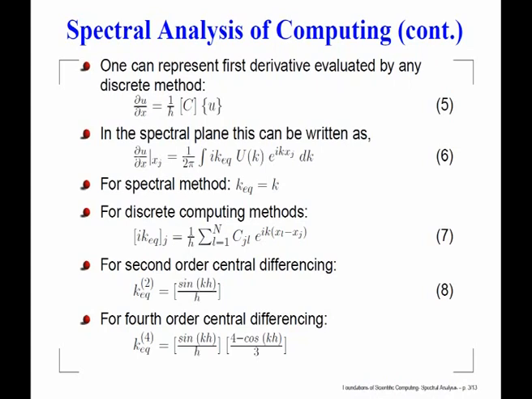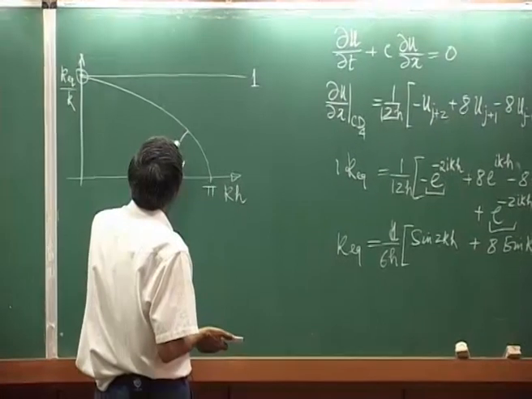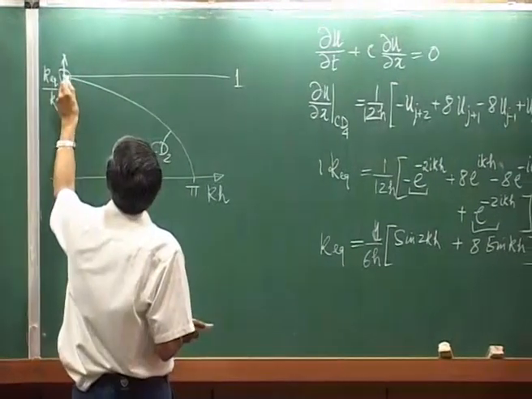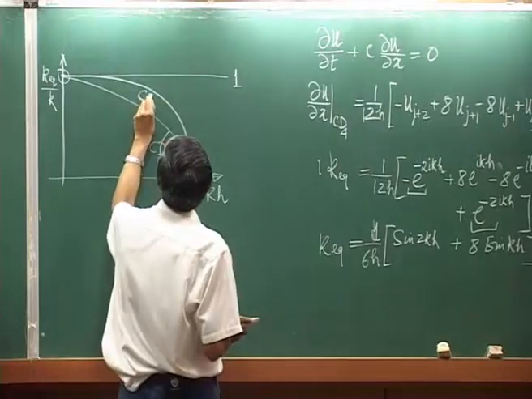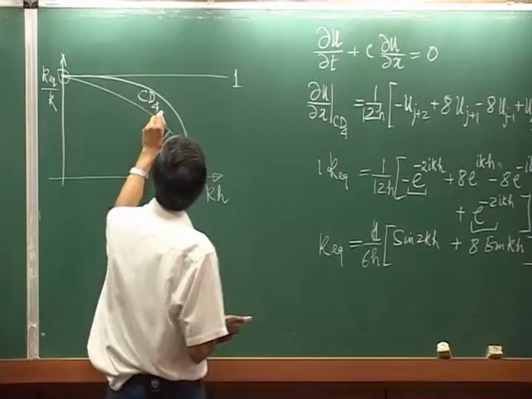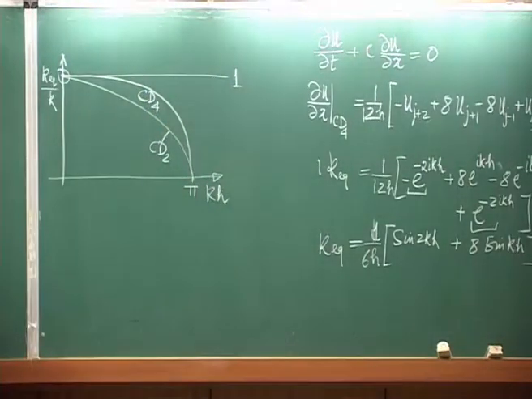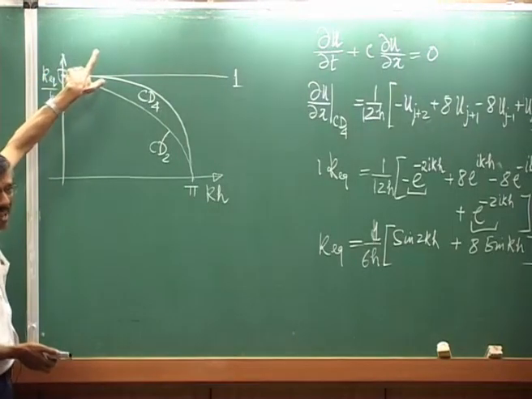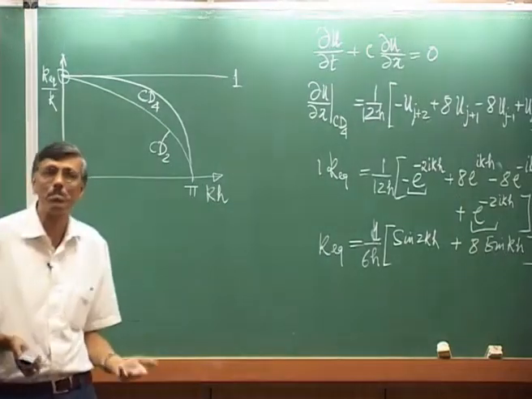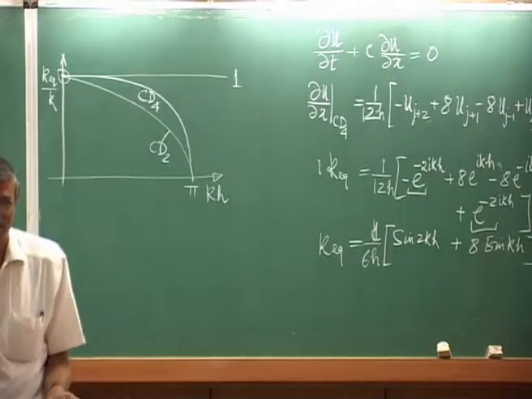What I mean by that is, if this is the figure that I have gotten for CD2, for CD4 I will get something like this, right. So, all that it says is that I have a much larger range of kh over which my representation is more accurate, right.